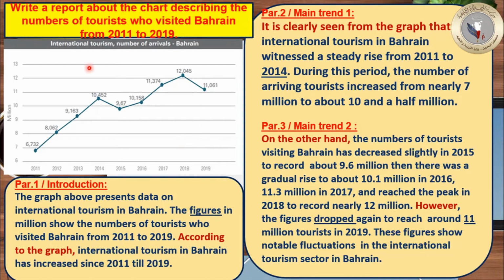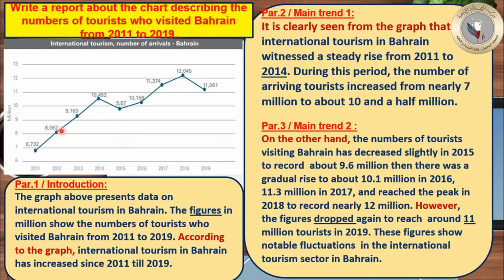Now look here with me at the line graph. What you notice from this line graph is an increase in the numbers from 2011 to 2014. Then there is a decline or a drop in numbers. In which year? 2015.